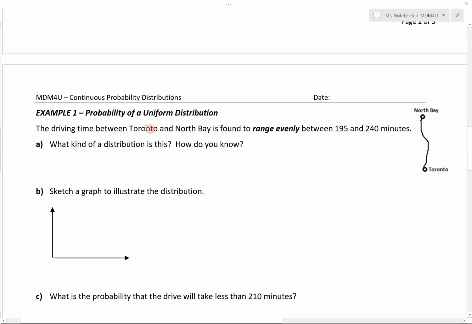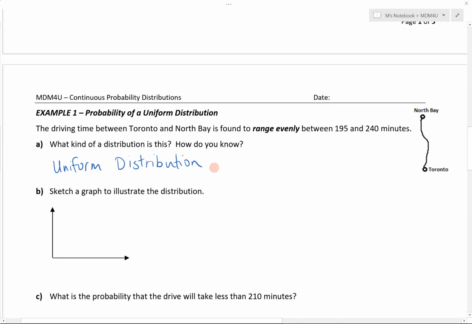The driving time between Toronto and North Bay is found to range evenly between 195 and 240 minutes. What kind of distribution is this? We would call this a uniform distribution, just like what we studied in the discrete case.